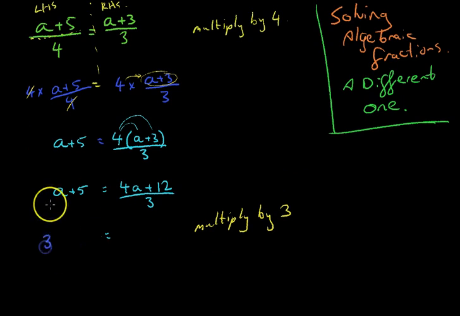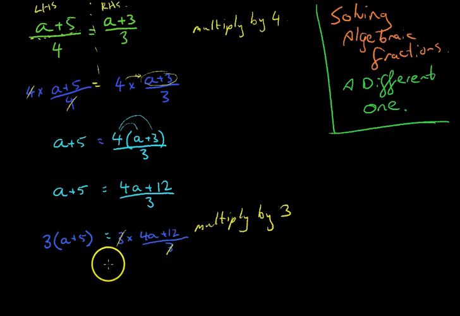It's going to be 3 times all of this left-hand side, so 3 times A plus 5, which is equal to 3 times 4A plus 12 over 3. So that's 3 times all of this. Now, those 3's are going to cancel out, so job done.